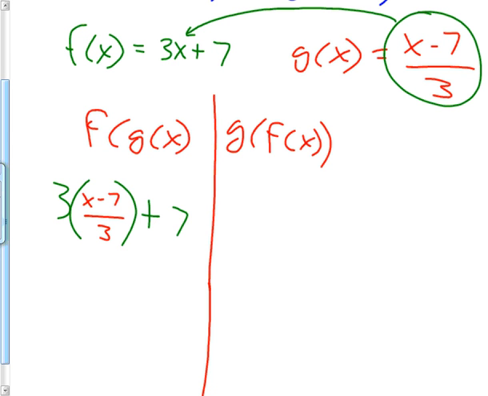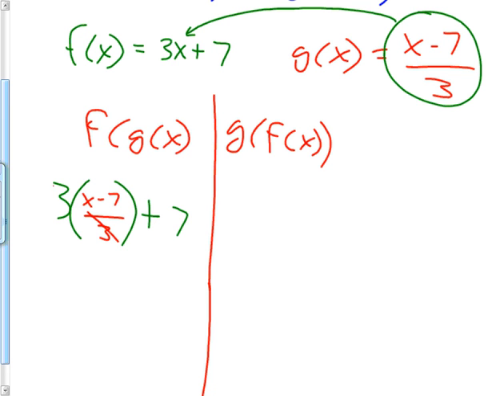Kids tend to lose a point on this because they will just say, oh, it equals x. You can't just jump to the conclusion that it equals x. It's supposed to equal x, but you have to prove it. So you have to show me at least one step of work. Can you see something that I can cancel and then rewrite this problem? Yes, the times 3 and the denominator 3.